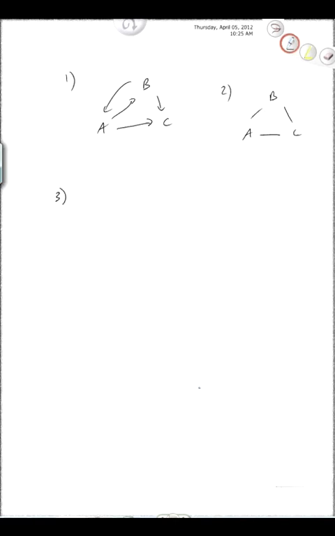Example three also has three vertices and some edges. And this is example four.